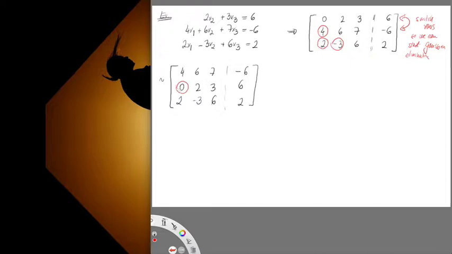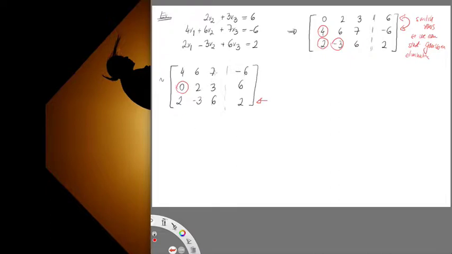What can I do to zero out this 2 over here? What would I like to replace this row with? Or what would you like to replace that row with? You can be inventive. There's a 4 here and a 2 here. Half?